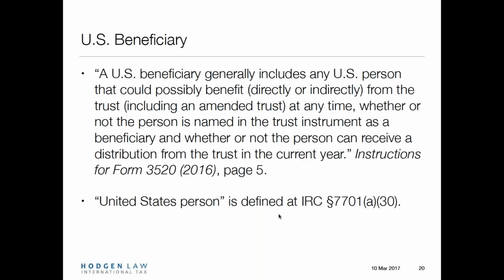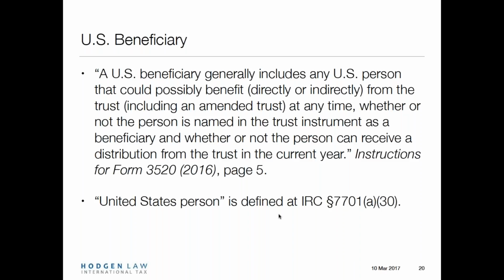So think about this situation. Foreign granddad sets up a foreign non-grantor trust for U.S. beneficiaries, grandchildren. And it says, just as they normally do, the foreign trustee has the power to amend the trust to add or delete beneficiaries without any limit on that.